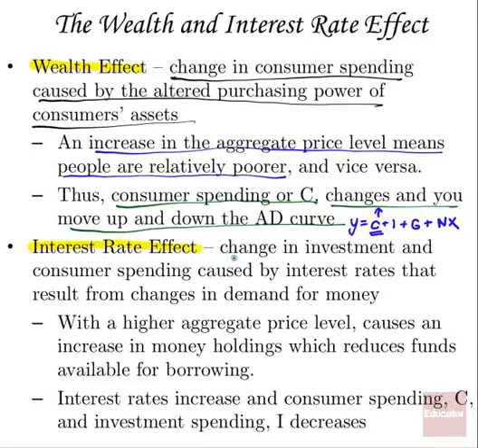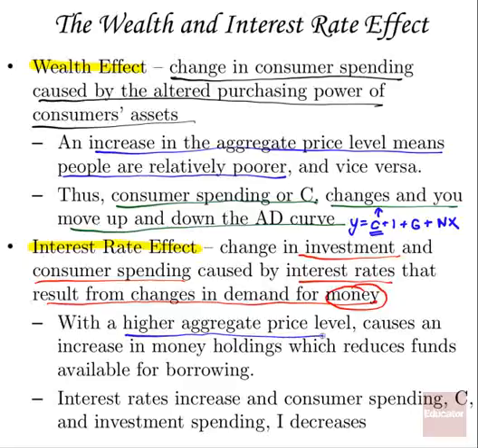Now the interest rate effect: a change in investment and consumer spending caused by interest rates that result from changes in demand for money. We're defining money in a very narrow sense, currency used as exchange here. A higher aggregate price level causes an increase in money holdings, which reduces funds available for borrowing.